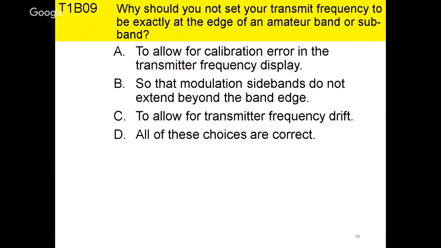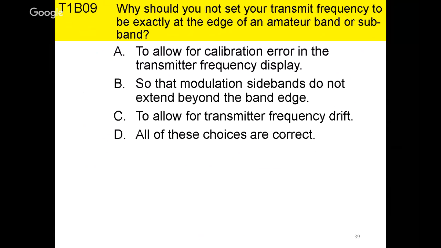Okay, why should you not set your transmit frequency to be exactly at the edge of an amateur band or subband? Very, very easy on this one. Sometimes your radio is not really totally and fully calibrated to an exact frequency, and there may be errors in your transmitter frequency display.